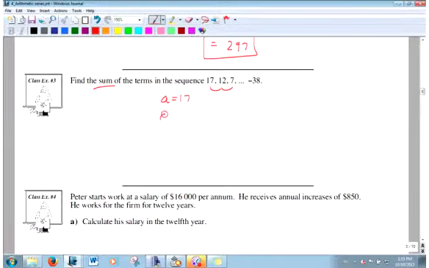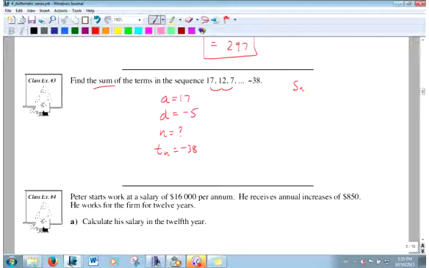First A17, what's D? Minus 5. What's N? We don't know. What's T to the N? I know the last term is 38. It's the nth term. I don't know what n is yet. So, what's my two formulas?